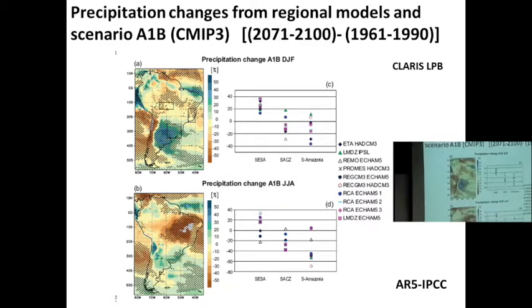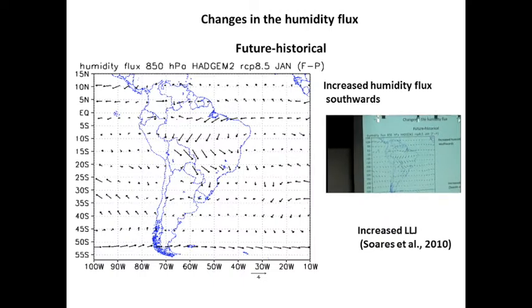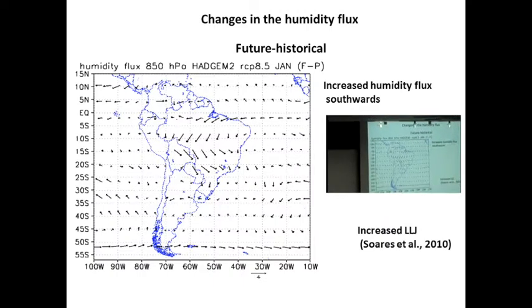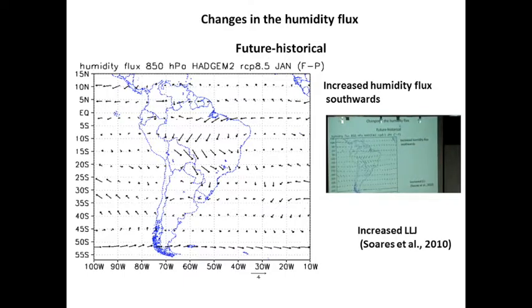You see? And here there is a change in humidity flux for explaining why there is so much precipitation in the south in the future. So we see that the humidity flux increases to the region.